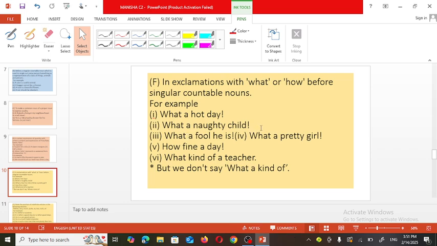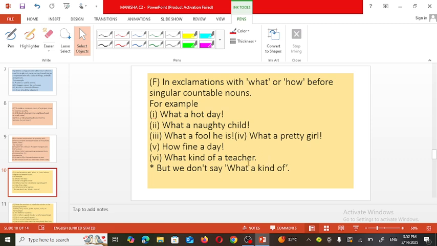What a naughty child means he is a very naughty child. What a fool he is. It means he is very foolish. What a pretty girl. It means she is a very pretty girl. How fine a day. It means that the day is very fine. And what kind of teacher?